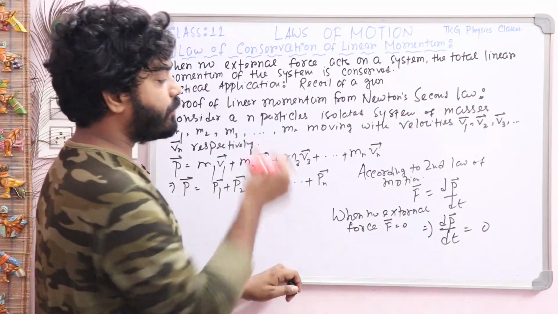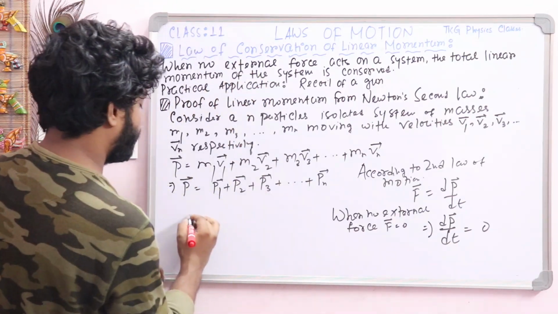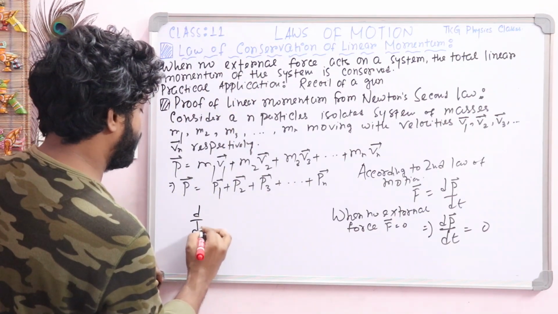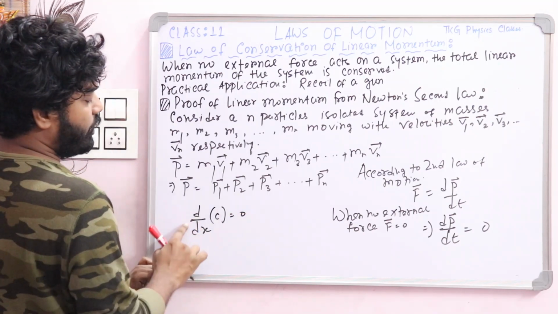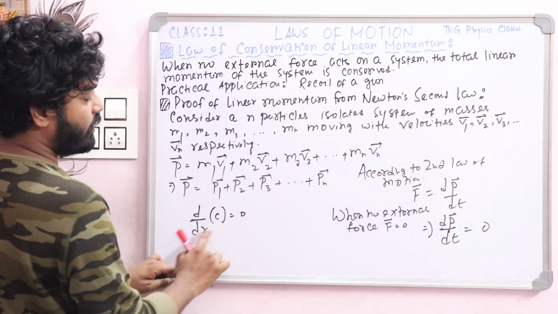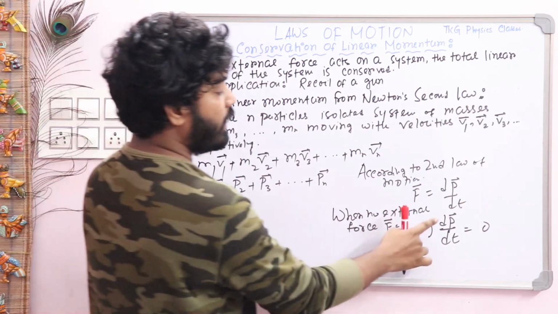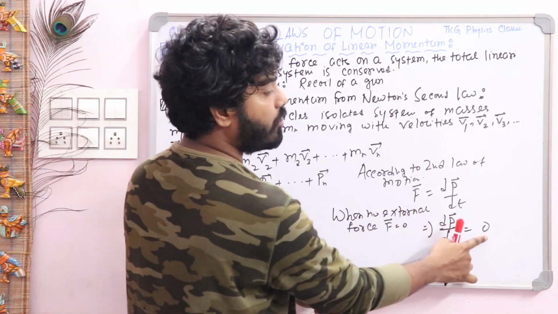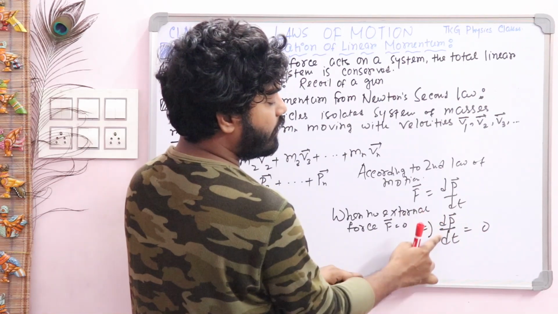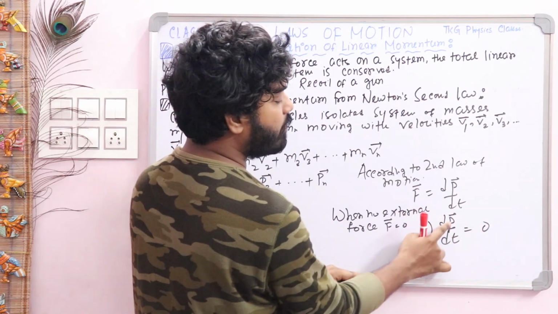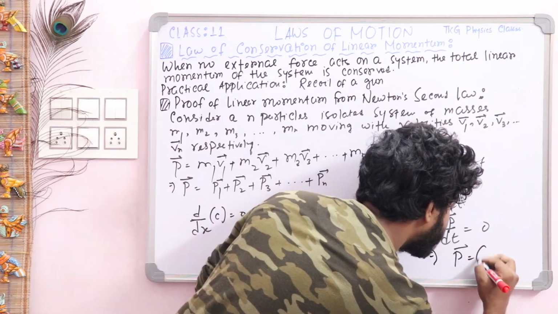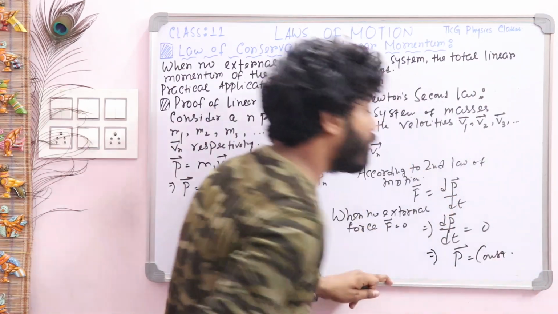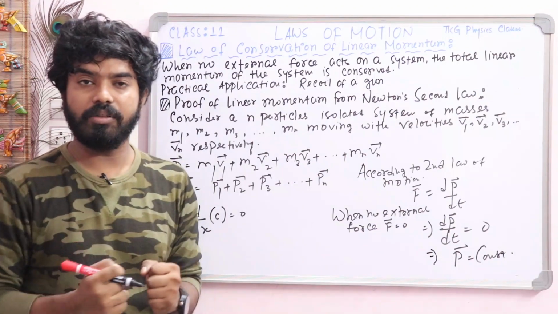Now you see, the differentiation d dx of c is equal to 0, the differentiation of a constant is 0. Here dp by dt is equal to 0, that means d dt of p is 0. So obviously you can say p is equal to constant, because the differentiation of a constant is 0.